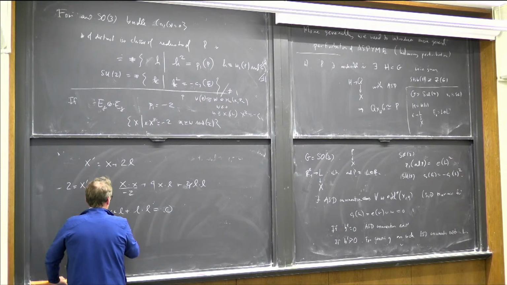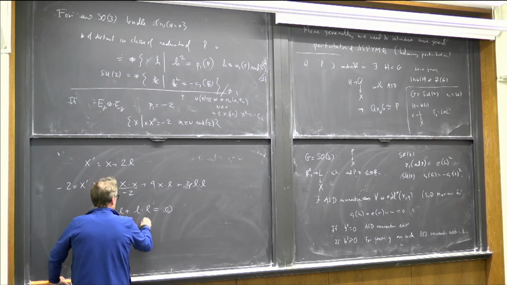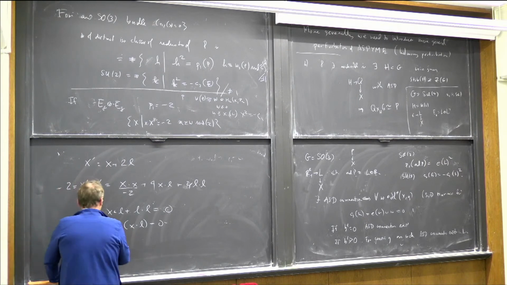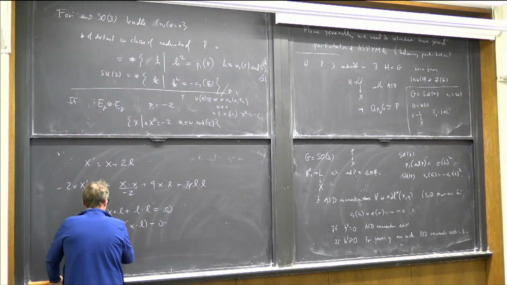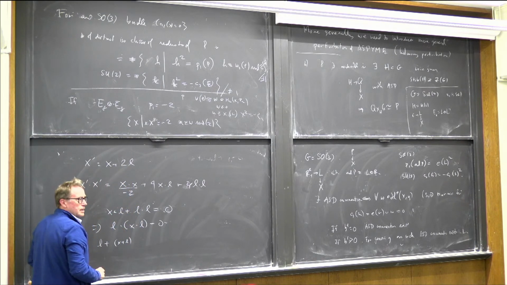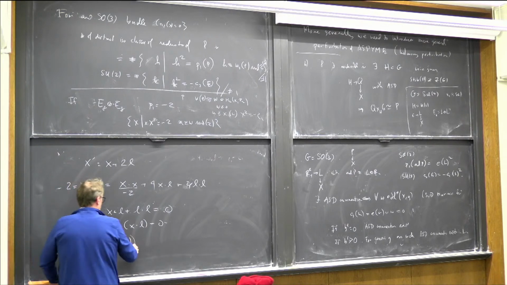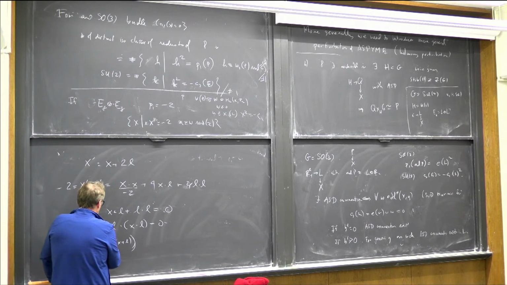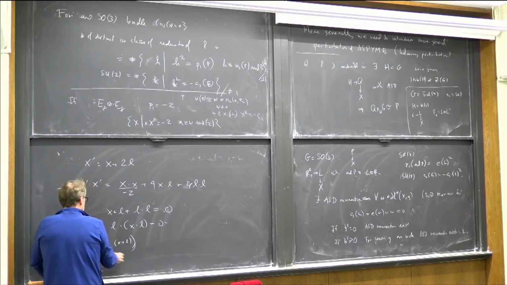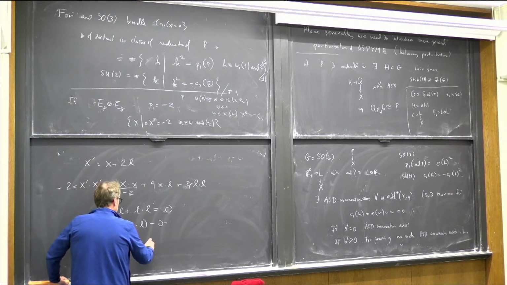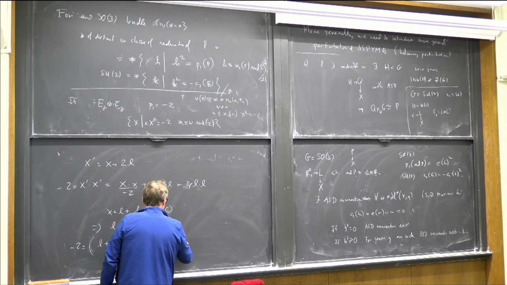So that means L is perpendicular to x dot L. But now I look at x plus L. This thing squared is minus 2, but this is L squared plus x dot L squared.